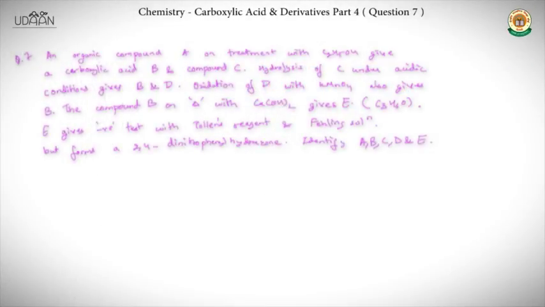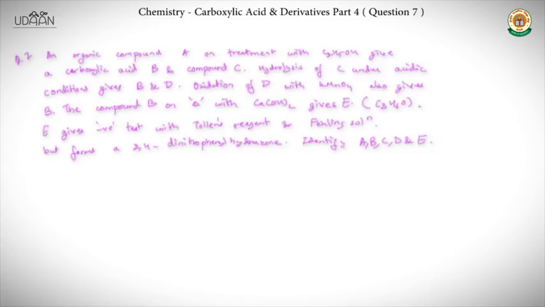So now let us start with question number 7 and see how to solve this type of paragraph question. Question number 7 tells us an organic compound A on treatment with ethyl alcohol gives a carboxylic acid B and a compound C. Hydrolysis of C under acidic condition gives B and D. Oxidation of D with KMnO4 also gives B, and the compound B on heating with calcium hydroxide gives E, whose molecular formula is C3H6O.